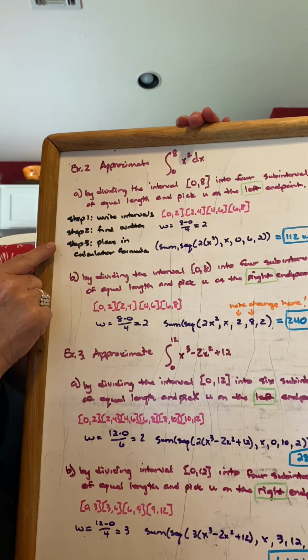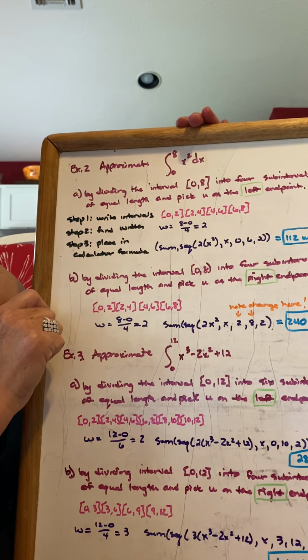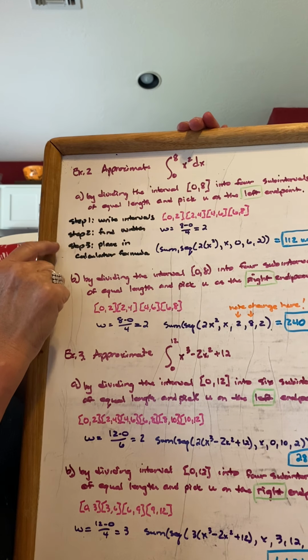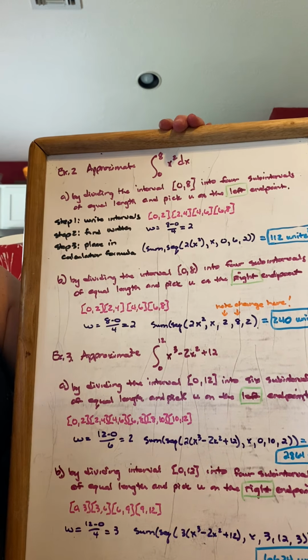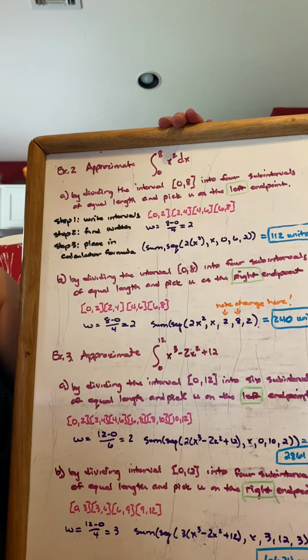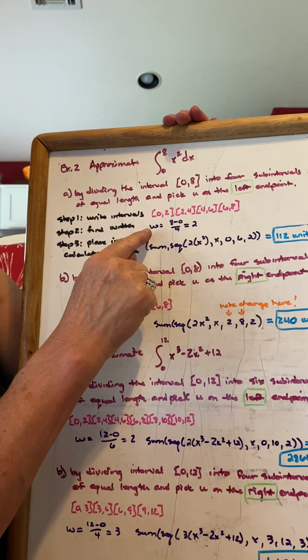All right, I wrote 3 steps down. Step 1, write these intervals down. Step 2, find the width. Step 3, place in the calculator formula. And if you can do those 3 steps each time, you'll be fine. So, the intervals. Well, the first thing you probably should do is maybe find the width.